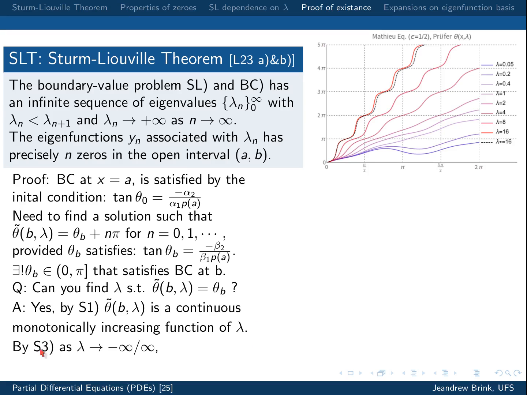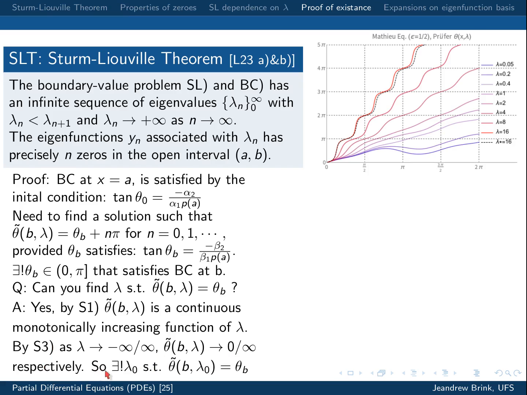by S1, right? In S3, we showed that as lambda approaches minus infinity or infinity, theta b lambda approaches 0 if lambda is minus infinity, and then moves up all the way to infinity, respectively.